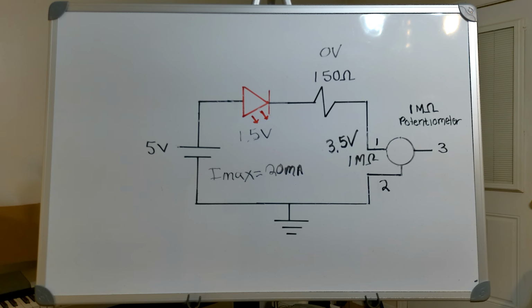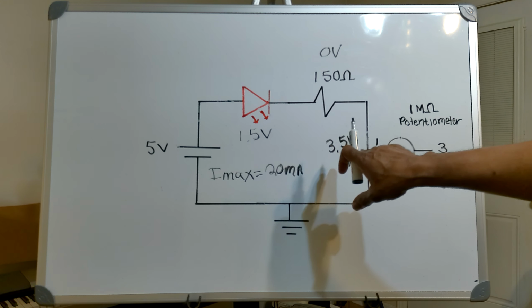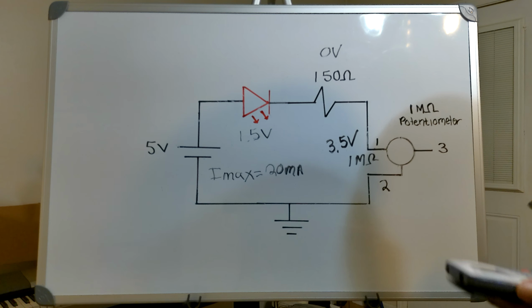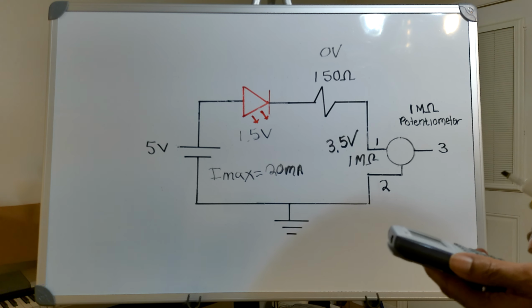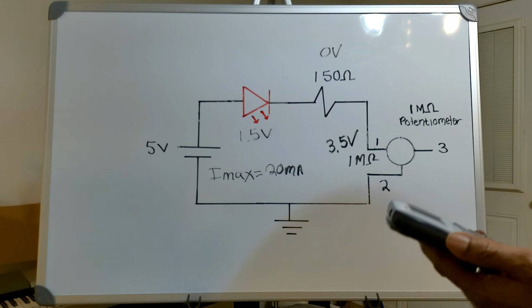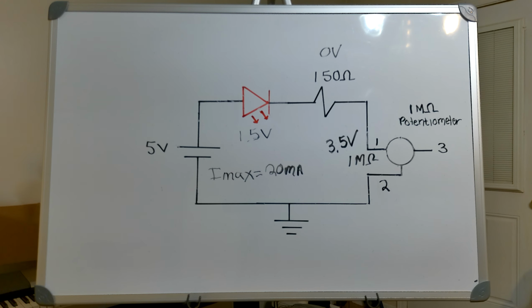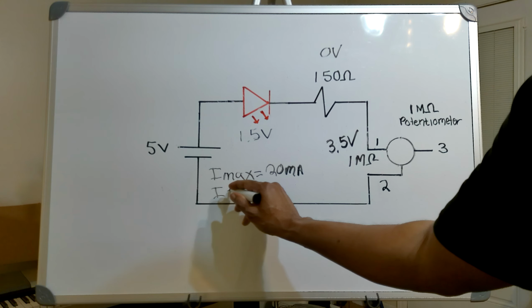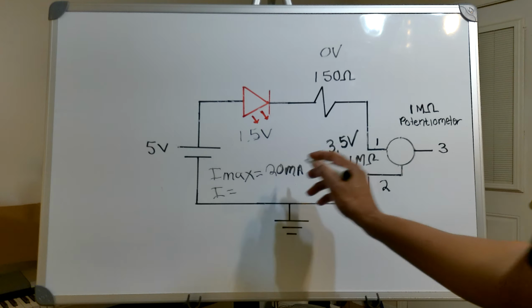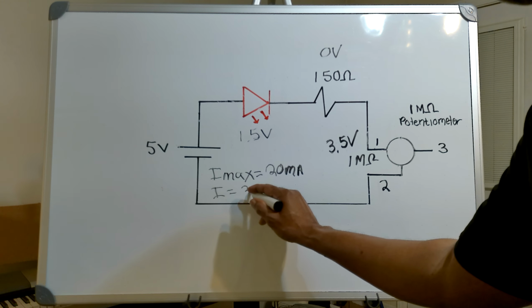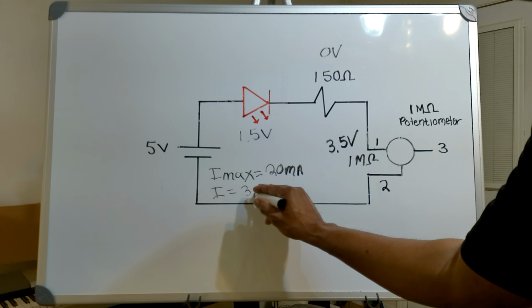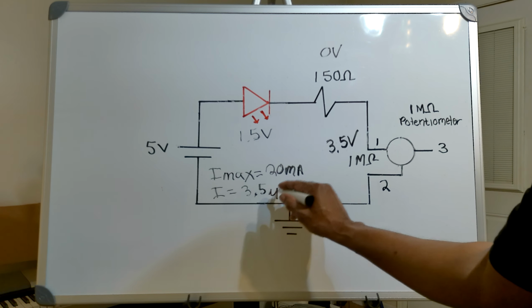what I'm going to do is divide 3.5 volts by 1 mega ohm. So the current will be I equals 3.5 microamps.